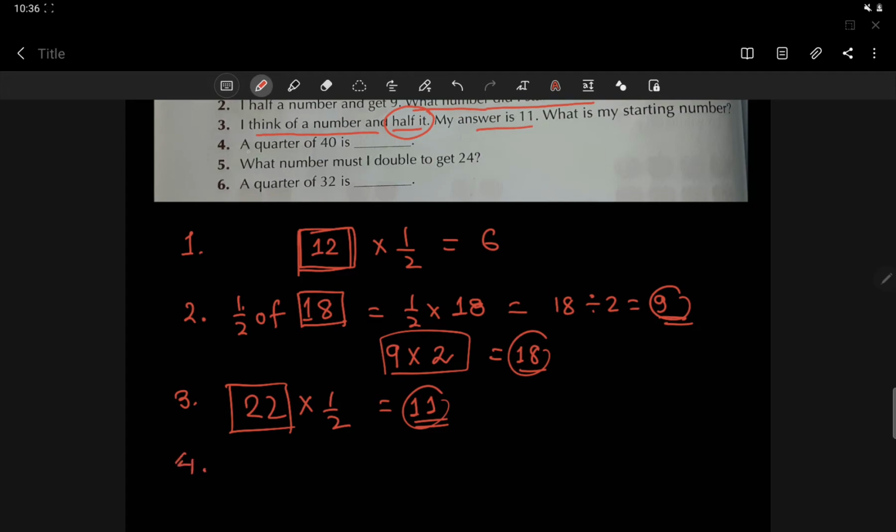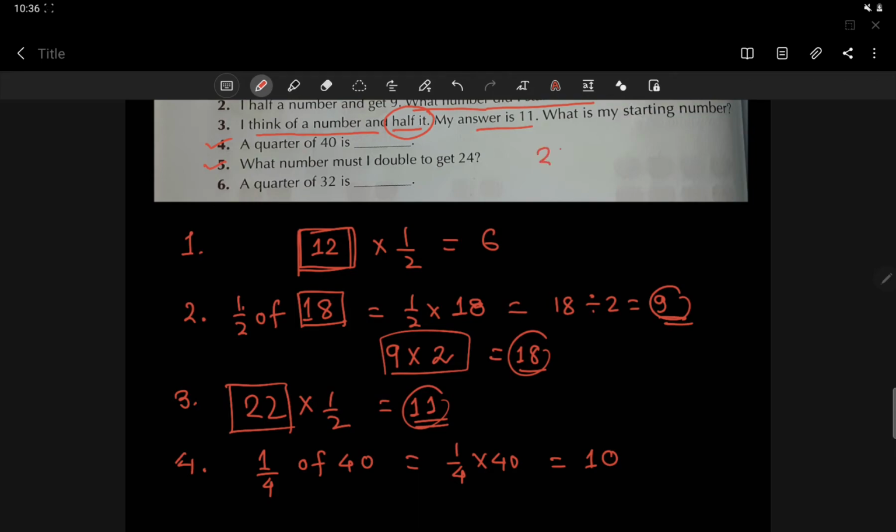Question number 4. A quarter of 40. Quarter means 1/4. So 1/4 of 40, that means 1/4 into 40. You will get 10. Question number 5. What number must I double to get 24?